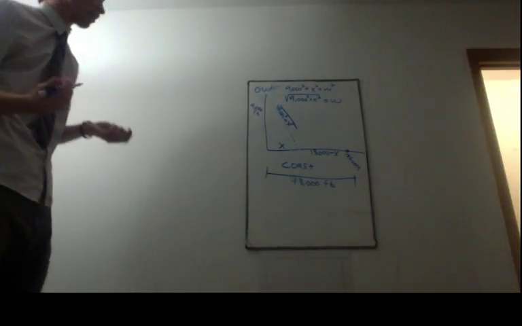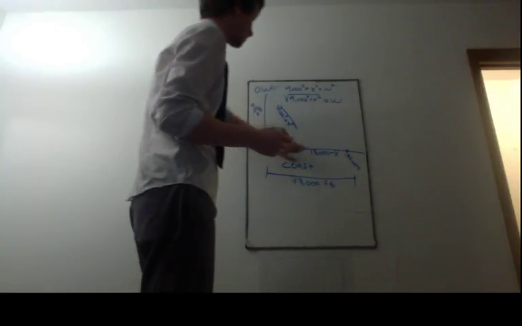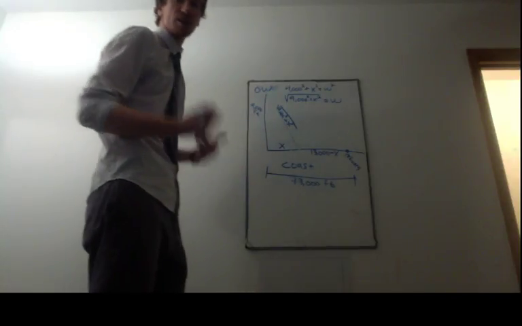Then, to make our cost equation, we know our distances based on x, and we know how much it costs per foot.